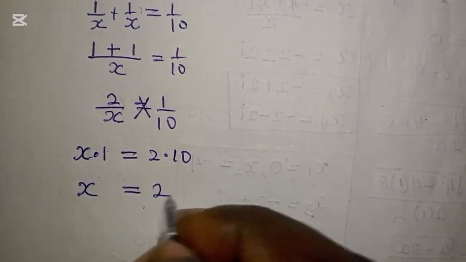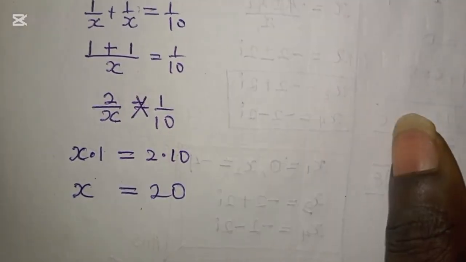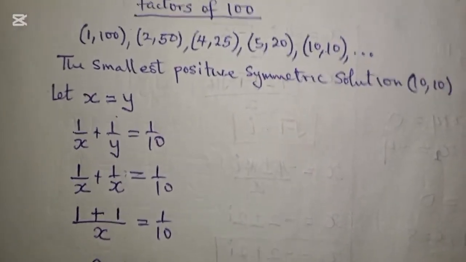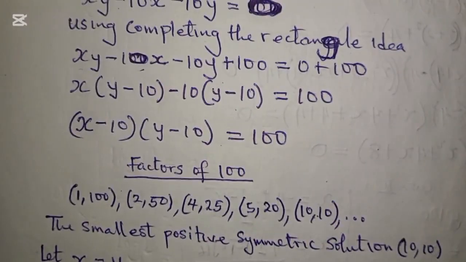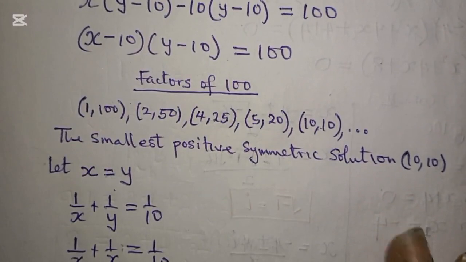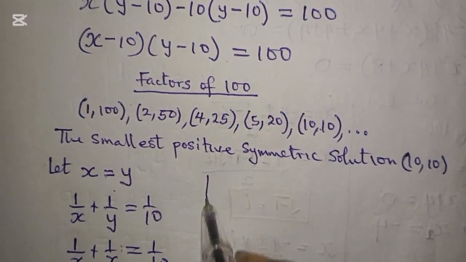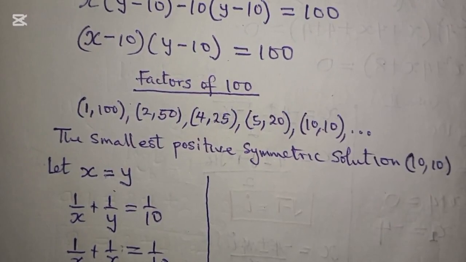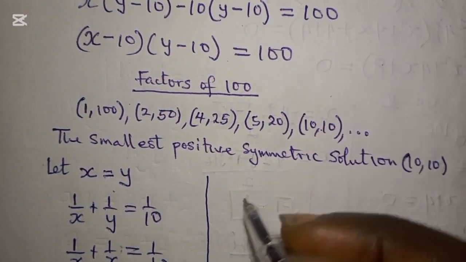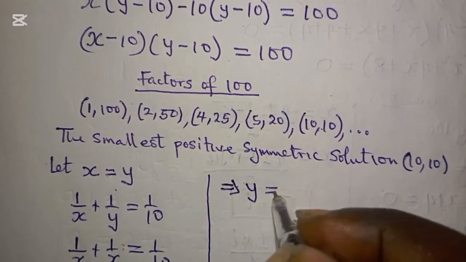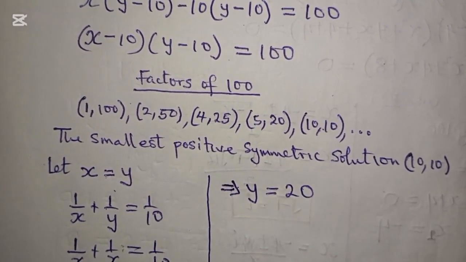So this gives us x equals 20. Since x is 20, recall that we said x is equal to y, which implies that y is also 20.